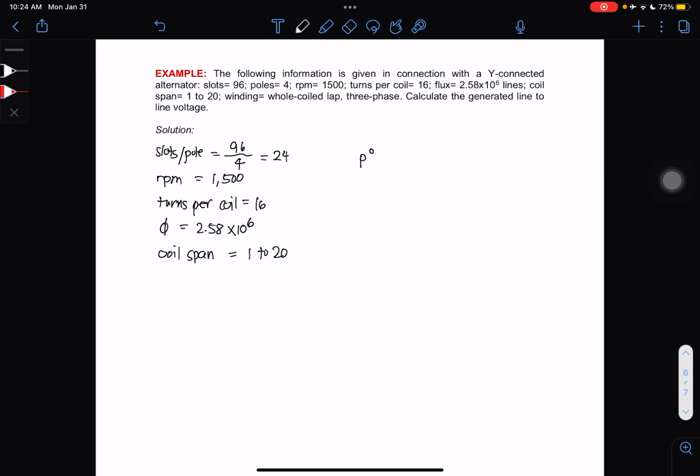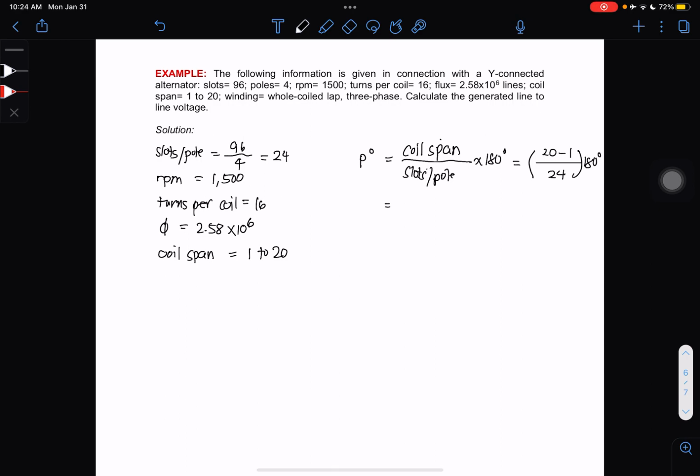So first, we need to solve for the slots per pole. With 96 slots and 4 poles, therefore 24. First we need to solve for the span of the coil. We have coil span divided by slots per pole times 180. So take note of this formula. So 1 to 20: 20 minus 1 divided by 24 times 180 degrees.